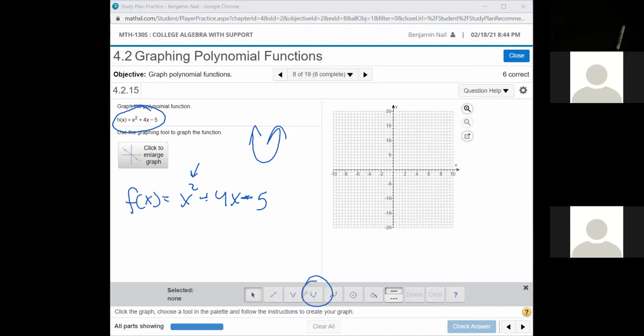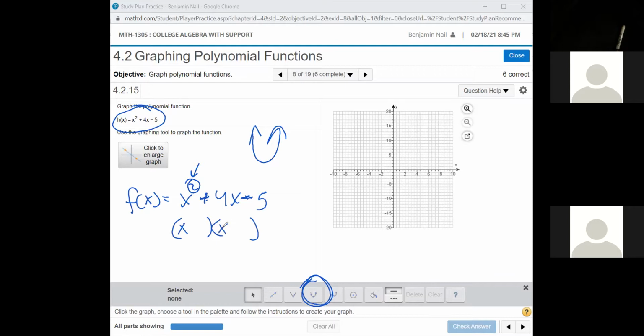We're going to make sure we click on the parabola. For the parabola, we're going to need to find 3 specific points. It's going to be easy in this case probably to find the zeros and then go from there. So x squared is a parabola. Make sure you pick the quadratic. So step 1, make sure you have the correct shape down. Anyway, x squared plus 4x minus 5. I want to find my zeros. This one factors really nicely.